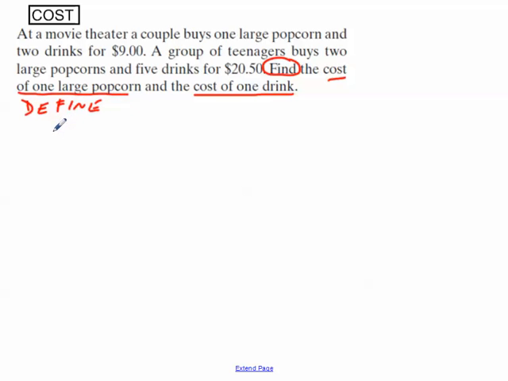Let's see. P is the cost of a large popcorn, and we can use X and Y, but we can also use more descriptive terminology as well. D is the cost of a drink. So now we can set up a system of 2 equations pretty straightforwardly. We can look at the couple.